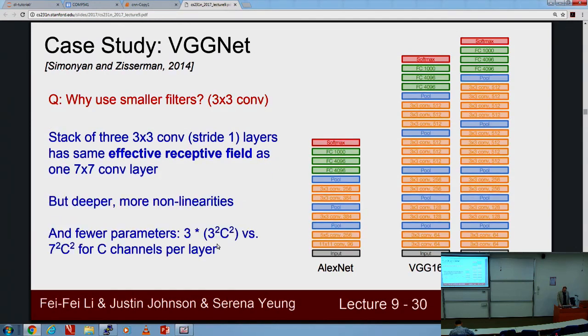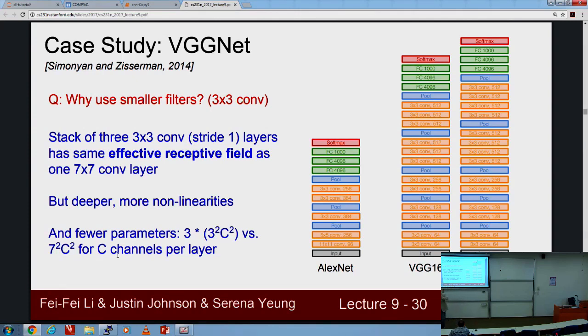So let's see. If we call C the number of channels per layer, we don't know C because in the beginning it's 3 and then soon it becomes 256. So let's assume we have C channels at every layer. Then a 7 by 7 filter is going to be this size, 7 squared times C squared. Why?